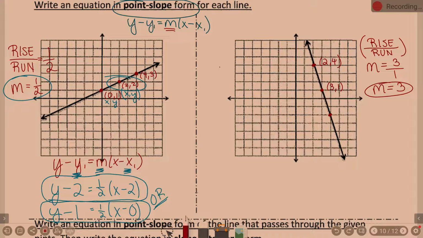And then we could use either of these two pairs. Remember, in a pair it is xy. So, fill it in. It's y minus y1 equals m times x minus x1.